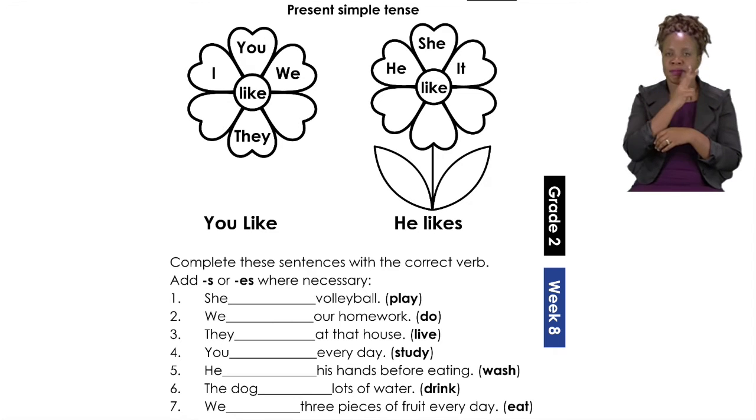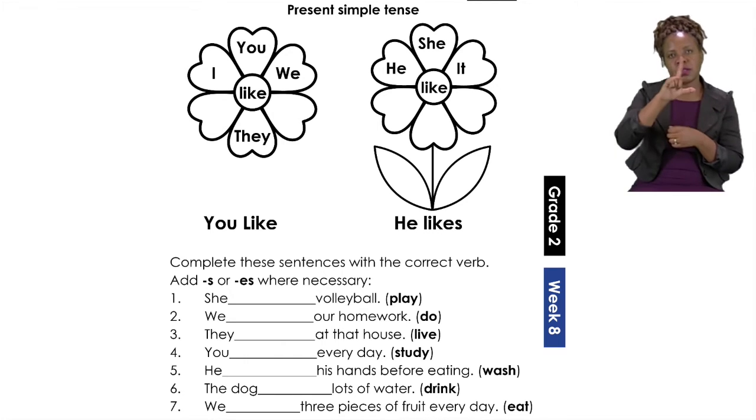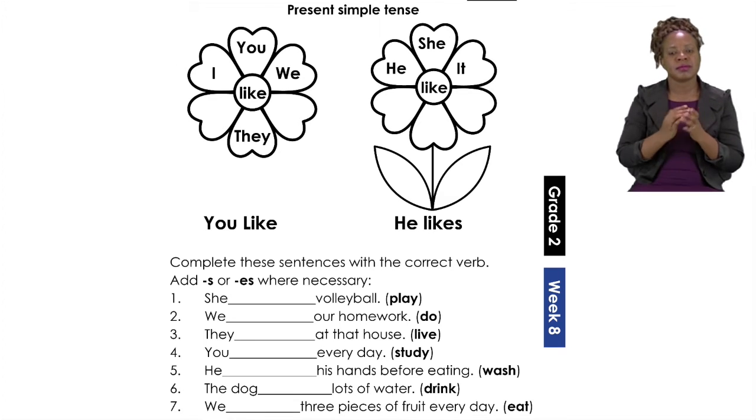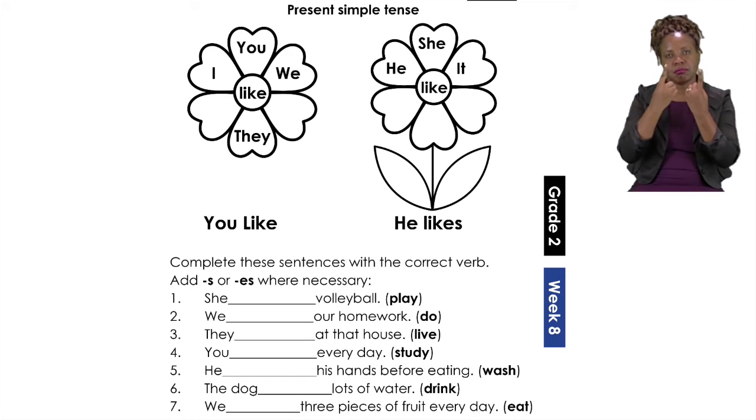So our sentence will now say, number 1, she plays volleyball, which means she is doing it at the moment. It is a present word, not a past or a future word. So you're going to complete the sentence with the verb plays.